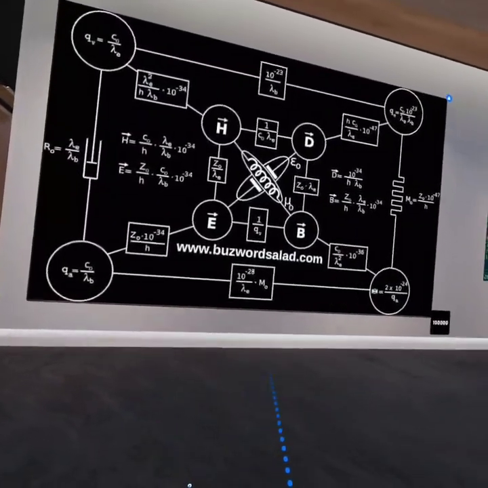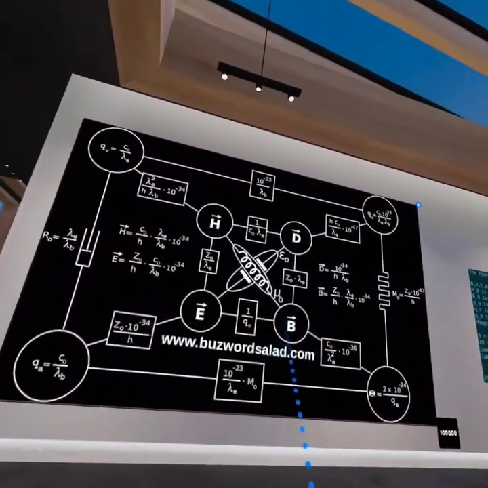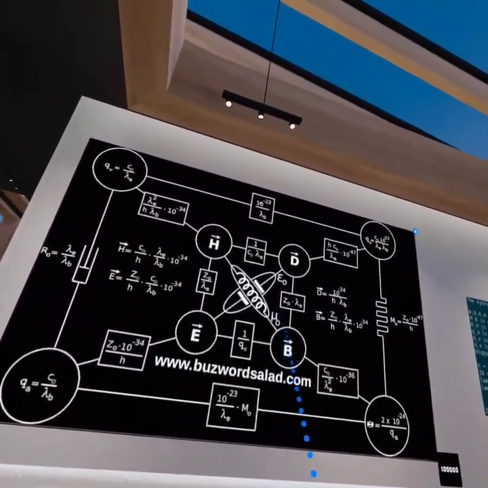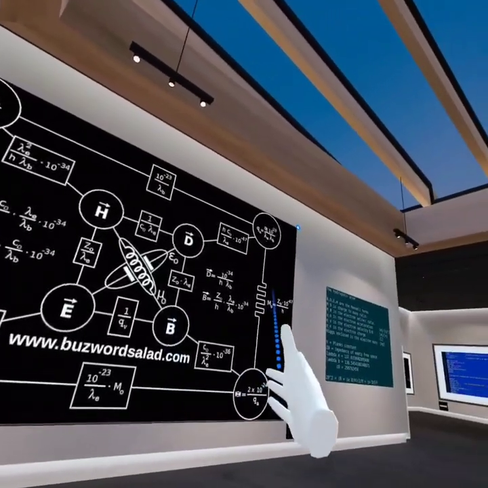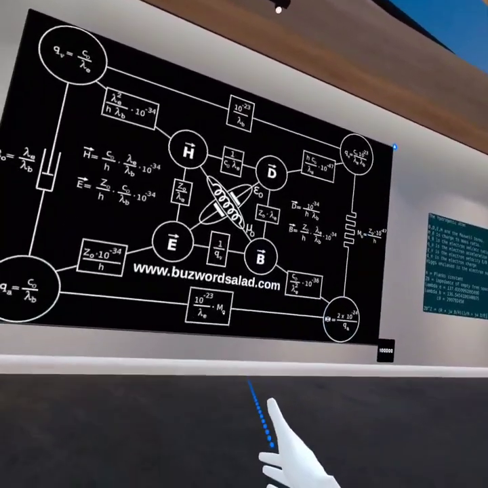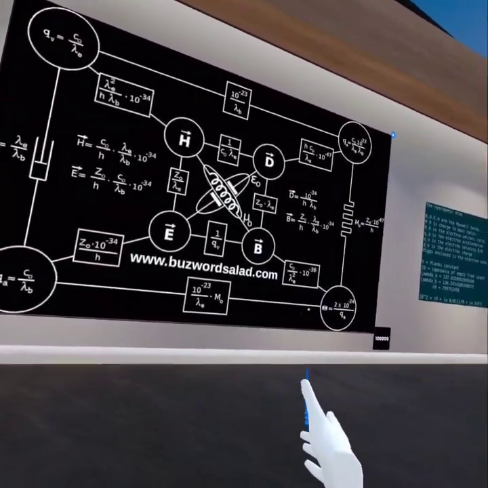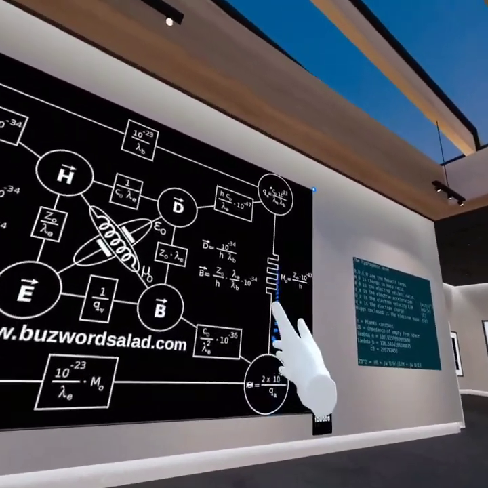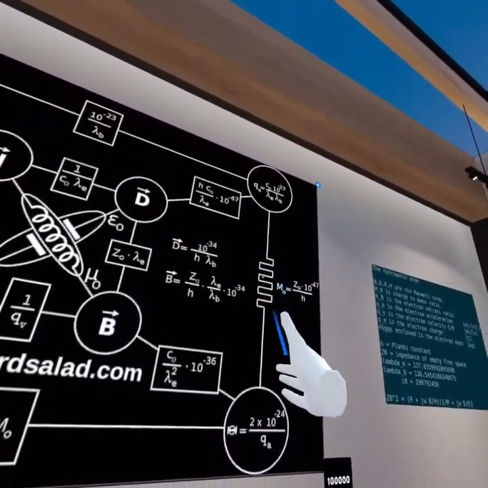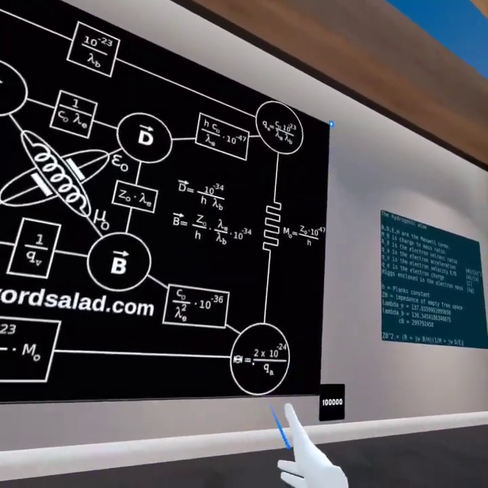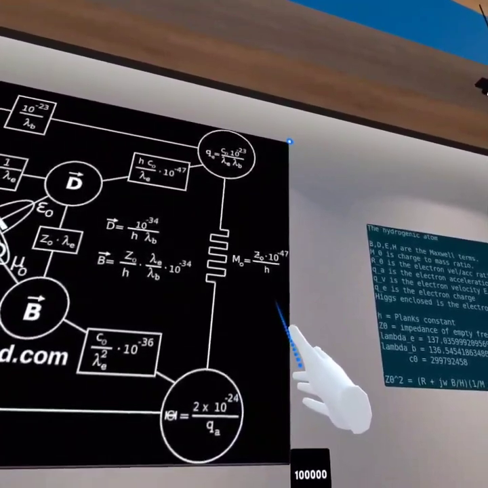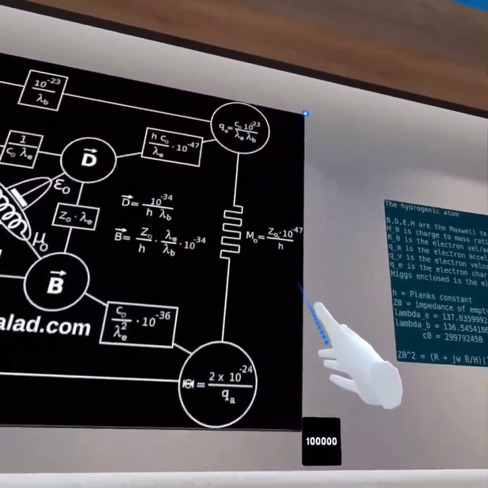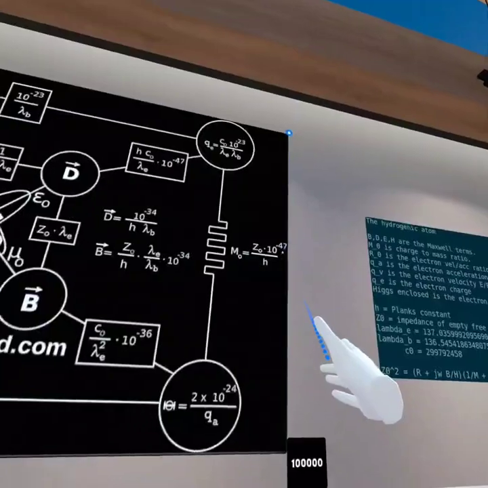That, when it's multiplied by 10 to the minus 23 over lambda e, is equivalent to this one, 10 over lambda b, which will give you the charge of the electron. If you then multiply it by m0, it gives you the mass. No different to the charge of the electron multiplied by m0 gives you the mass of the electron. Here we have the impedance of empty free space over Planck's constant, and we're going to multiply that by 10 to the minus 47.